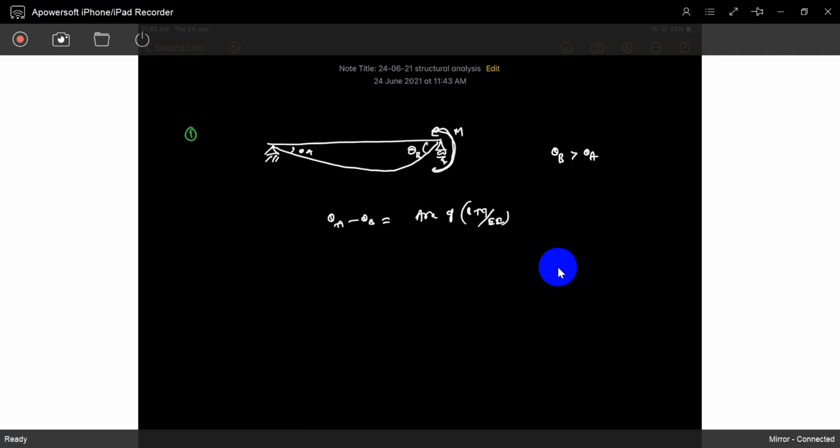Theta A and theta B are two unknowns and we have one equation. And if you go through the deflections, we have to find out where it gets maximum deflection. It gets maximum deflection somewhere here. Where is that? We don't know once again.